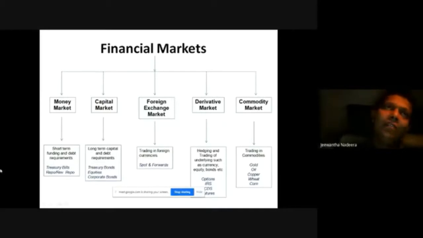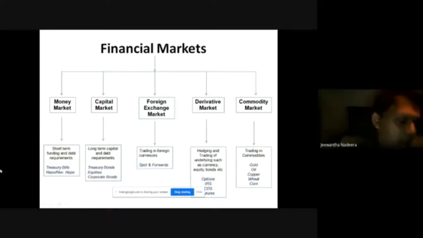They need a return from that, and the return can be earned by investing in different instruments. So you should know what instruments are available for you to invest in. We'll be learning some instruments.